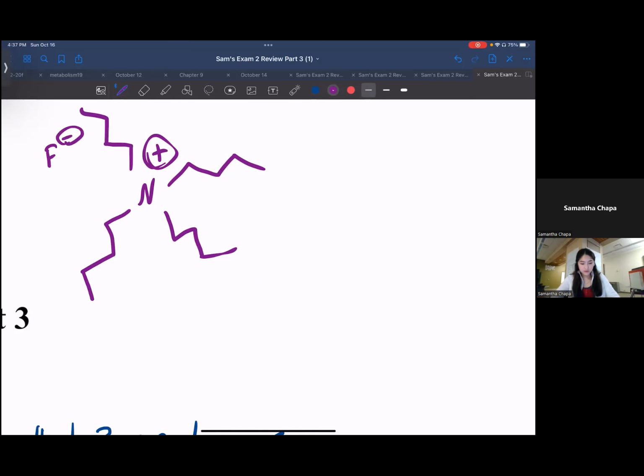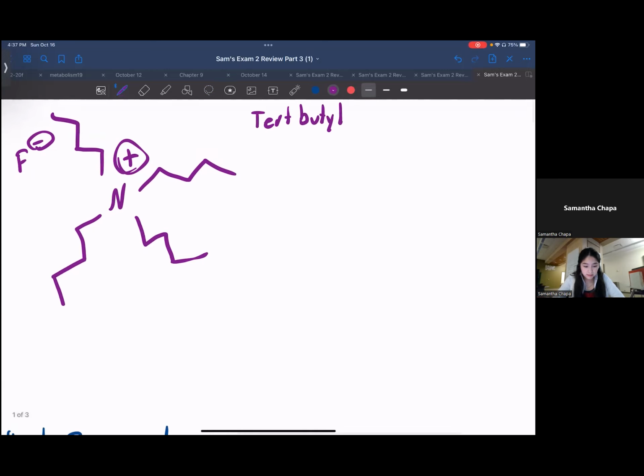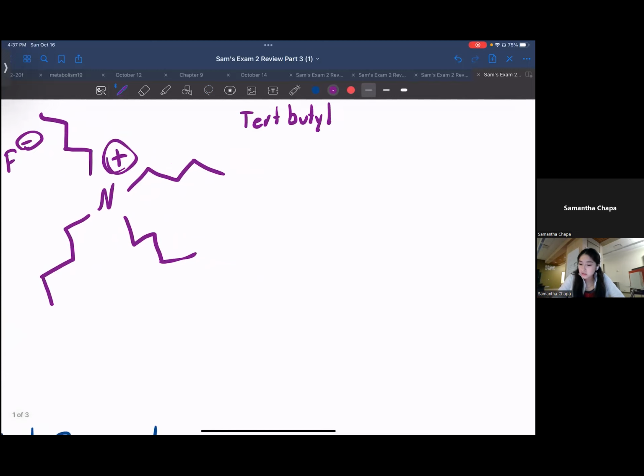So the name of this one is going to be tetra for 4, butyl for the amount of carbons I was adding to each one, tetrabutyl ammonium.